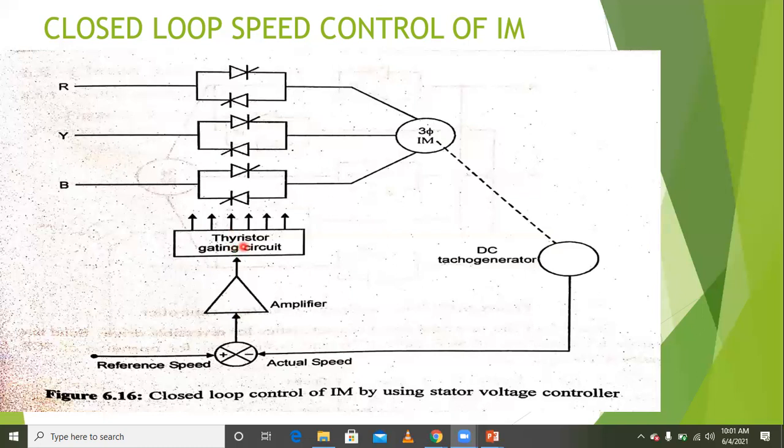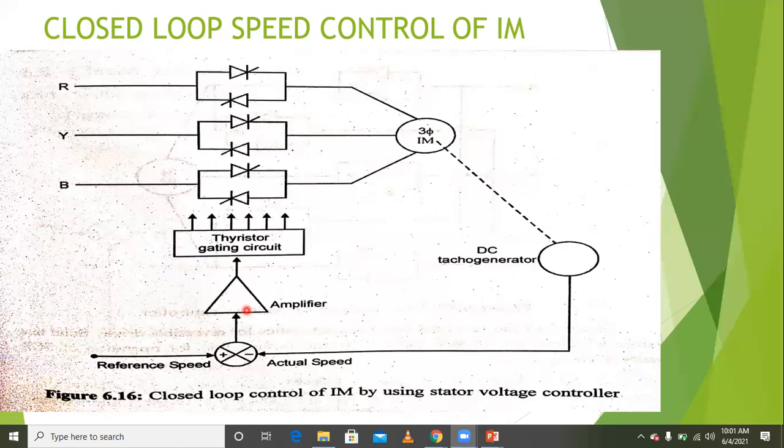The output voltage of this controller changes, which means the input of the 3-phase induction motor changes according to the reference speed, and the motor speed changes according to the error signal voltage. Is it clear?